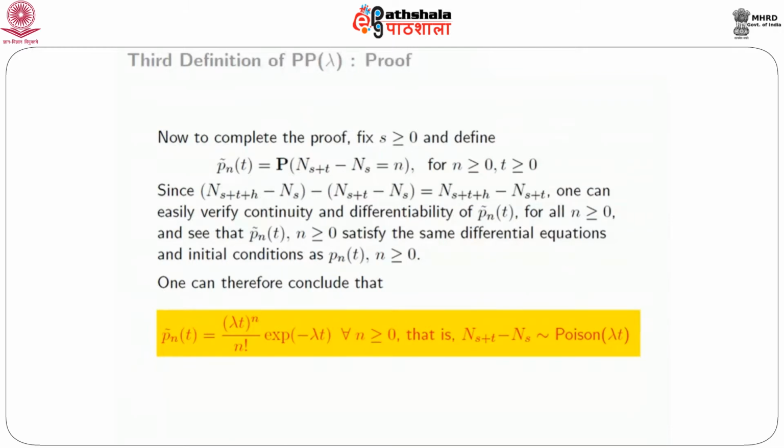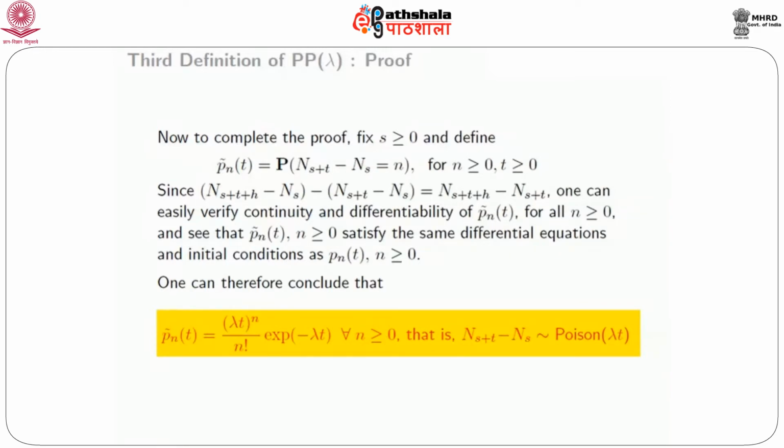Okay. Now to complete the proof, what we have shown is only about P_n(t), so it doesn't complete the proof. It shows that N(t) is Poisson, because P_n(t) is the probability that N(t) equals n, but that's not enough. We have to show that every increment is Poisson with the parameter lambda times the length of the interval.